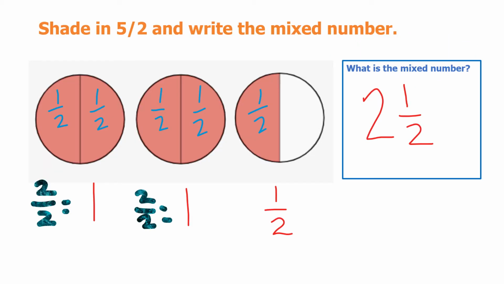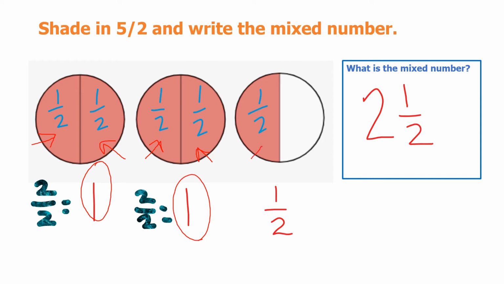Notice that I did the very first one for you. It says to shade in 5 halves and write the mixed number. So you can see that what I did was I shaded in or colored in right here 1/2 and 1/2, which created my 1 whole because it was 2 halves. The whole thing was colored in. Then I have 1/2 and 1/2, which created the second whole.